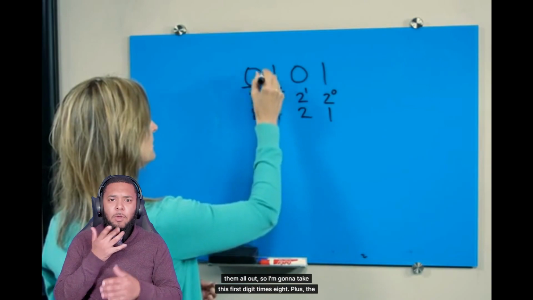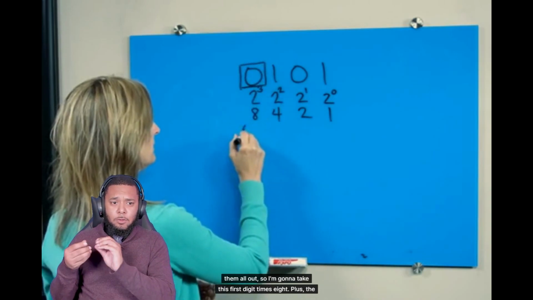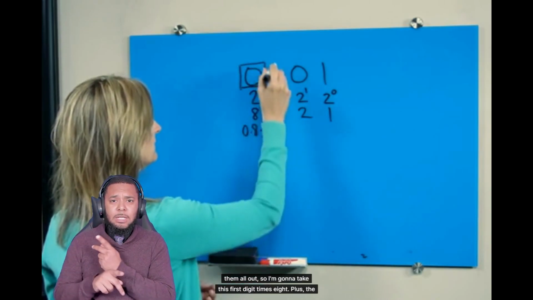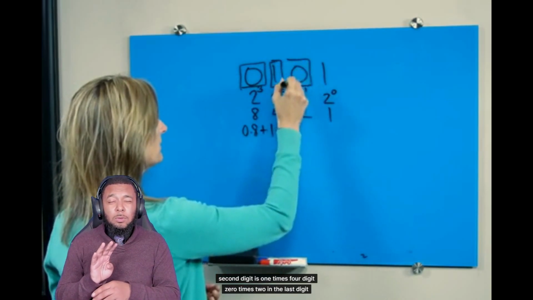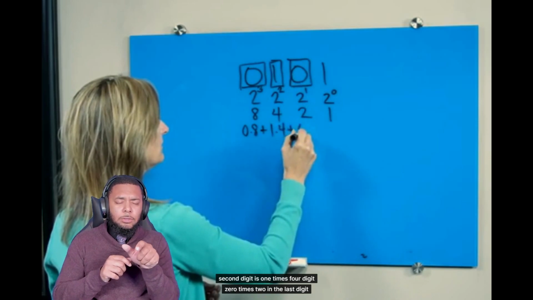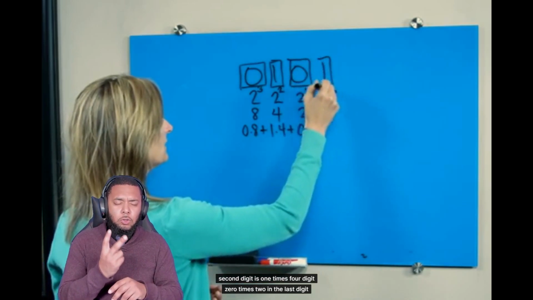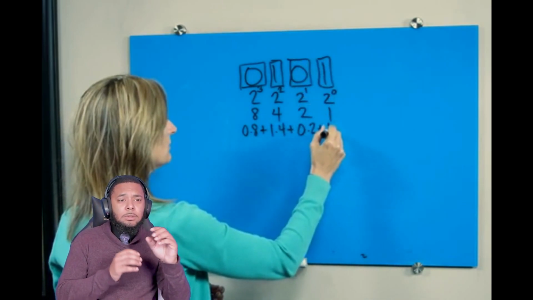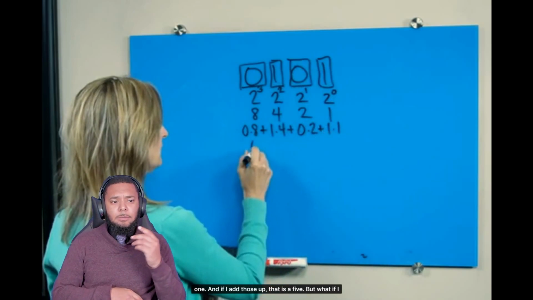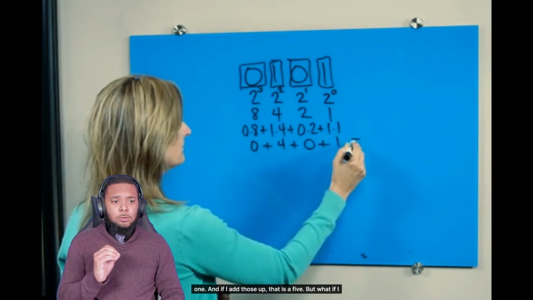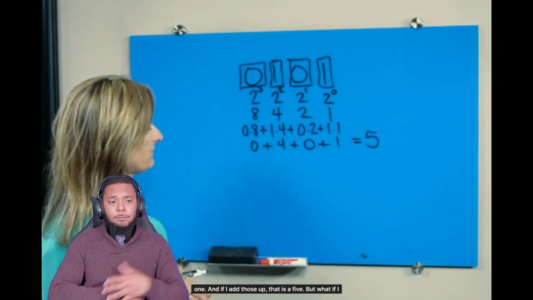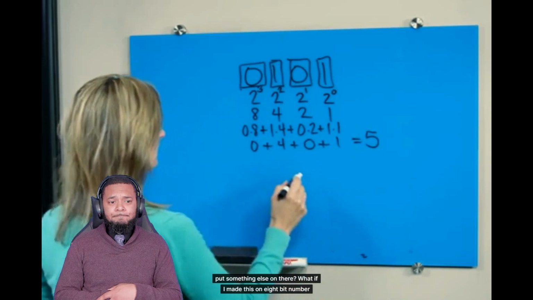So I'm going to take this first digit times 8 plus the second digit, a 1, times 4, the third digit 0 times 2, and the last digit 1. And if I add those up, that is a 5.